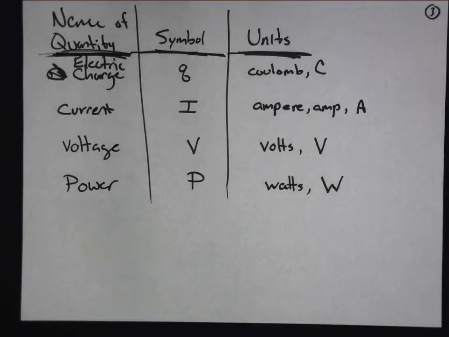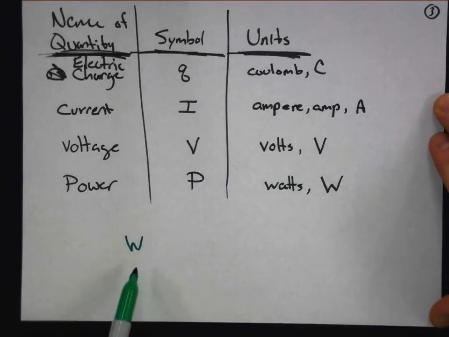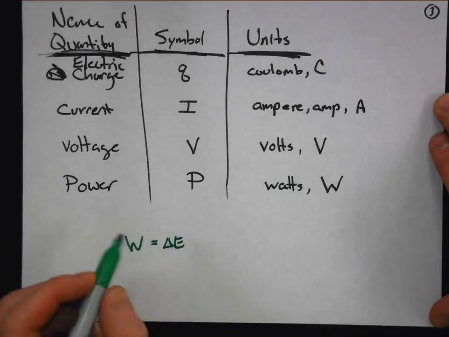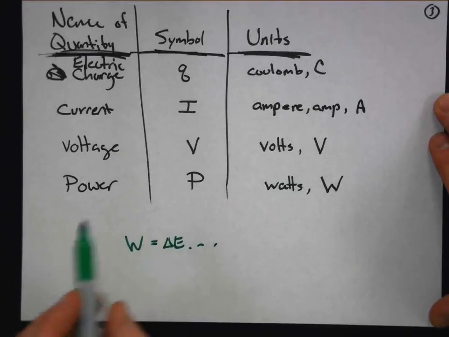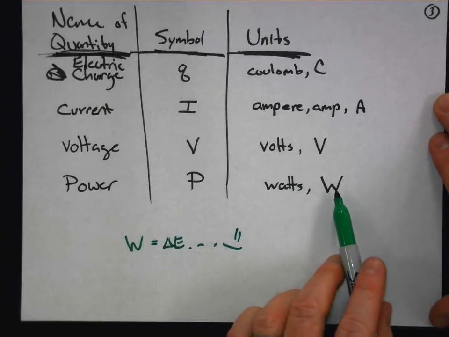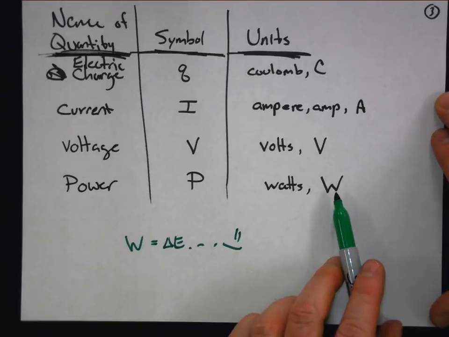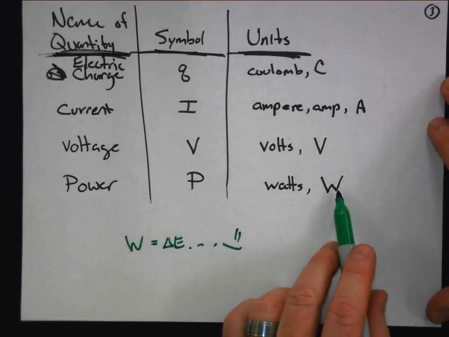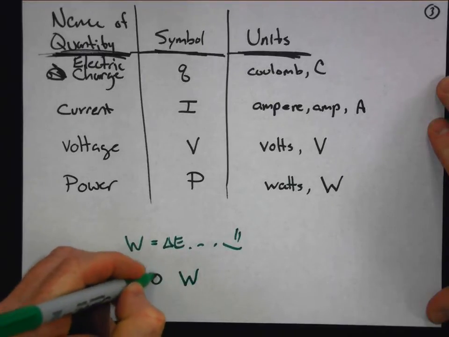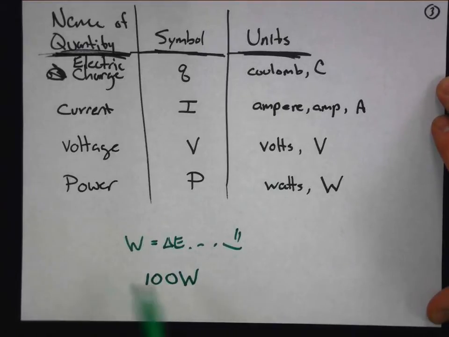For example, how might you get screwed up? Well, you might see a capital W and think, oh, well, I know what that is. That's work. Because I remember seeing work and the work energy theorem and all that good stuff, right? And you think, yay, I got it. But maybe that capital W is the units of electric power, watts. Here's how you tell the difference. If you see a number in front of the W, let's say you've got 100 capital W, then that makes this the unit, not the symbol, right?